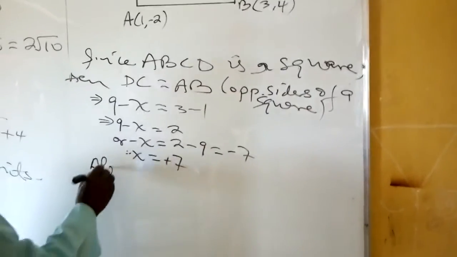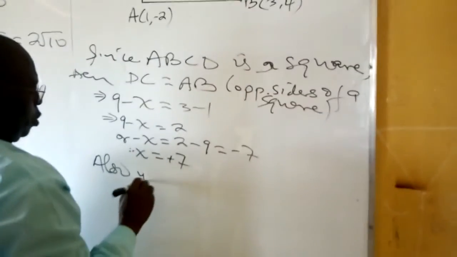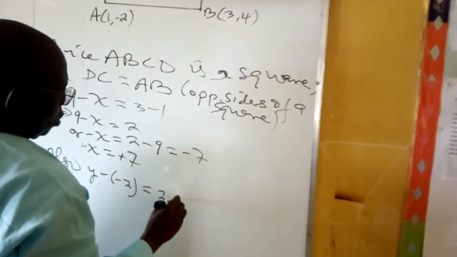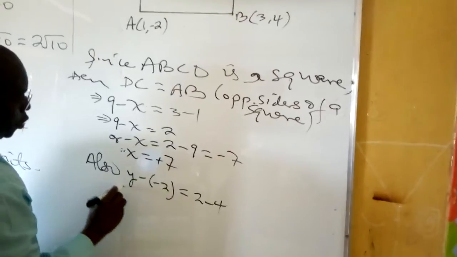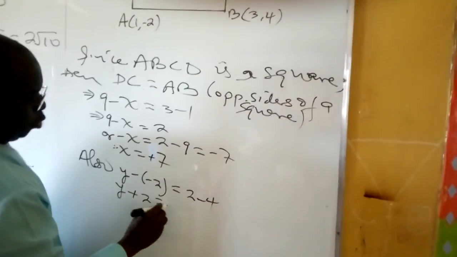Also, along the y-axis, y minus 2 is equal to 2 minus 4. So y minus 2 is equal to minus 2.